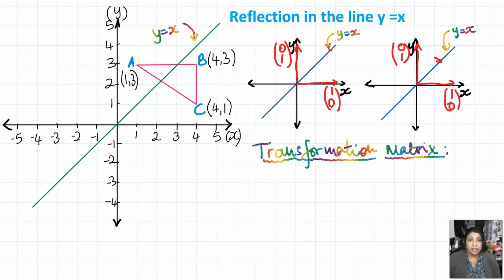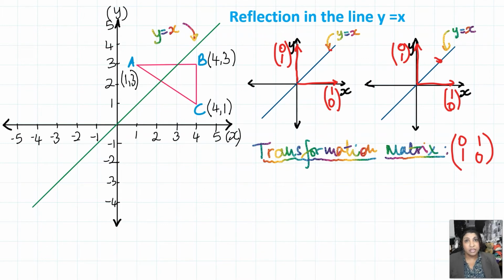So now after this reflection, I can write my transformation matrix: the point (1, 0) has moved to (0, 1), and the point (0, 1) has now moved to (1, 0). So this is now my transformation matrix, which I can use to reflect an object in the line y equals x. So let's see how we can reflect this triangle here, ABC.